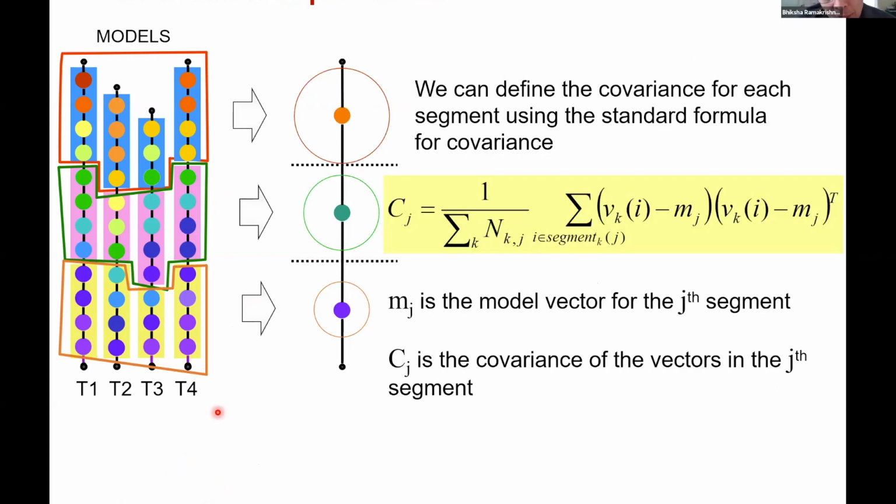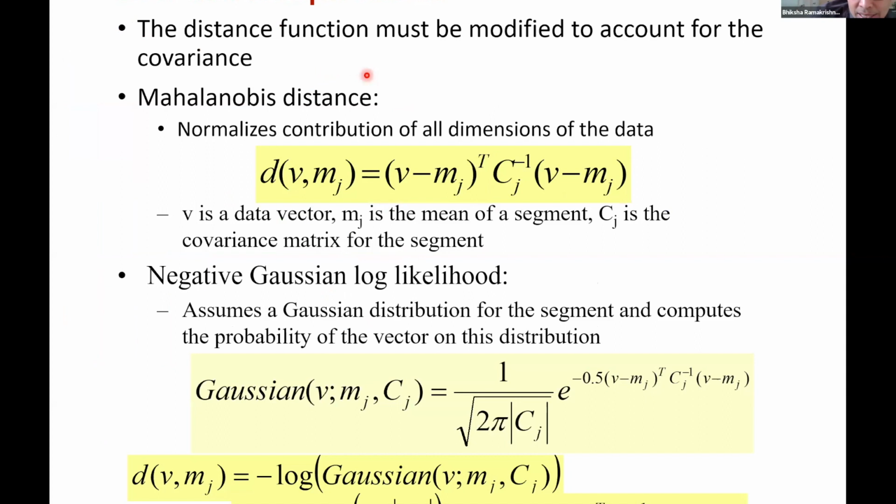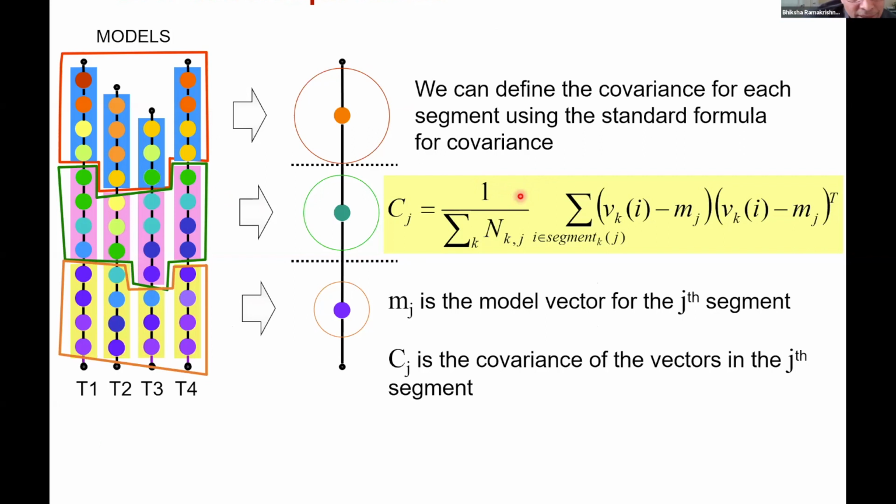And so what I will do is I'm going to compute the covariance for each segment using the standard formula for covariance, which tells me the spread of the data within each segment. And then when I compute the distance, I'm actually going to normalize out the covariance. So skip the math. What this really says is that this naturally accounts for the spread in the data in each cluster.